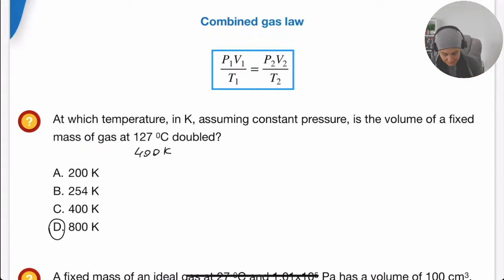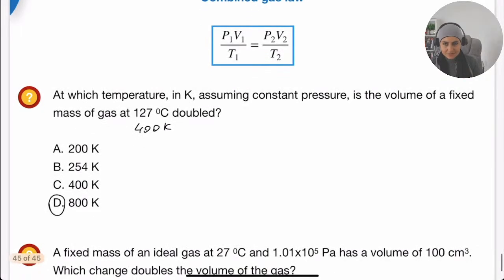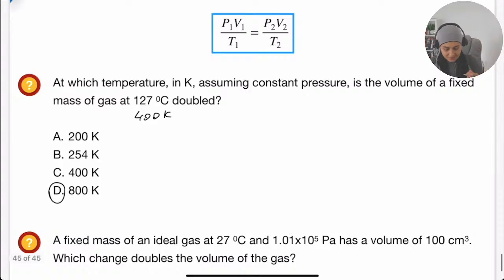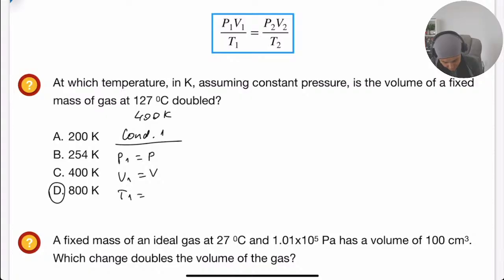To solve it mathematically, it takes ages, but let's see. I would have to write conditions for condition 1 and condition 2. Condition 1 is the initial conditions of the gas. Assuming constant pressure, P1 equals P, and the volume of a fixed mass of gas doubles, so let's say V1 equals V, and temperature 1 equals 400 kelvins. Now in conditions 2, pressure is the same, so P2 equals P, constant pressure.